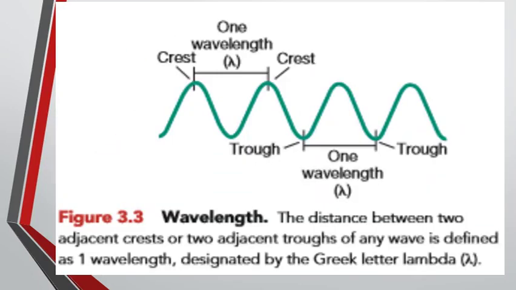So as you know, light is made up of electromagnetic radiations or waves, with properties such as wavelength and frequency. Light usually behaves like a wave and can be diffracted.